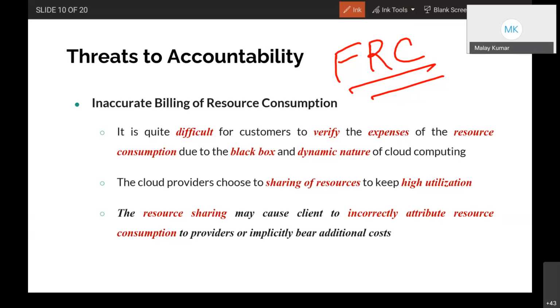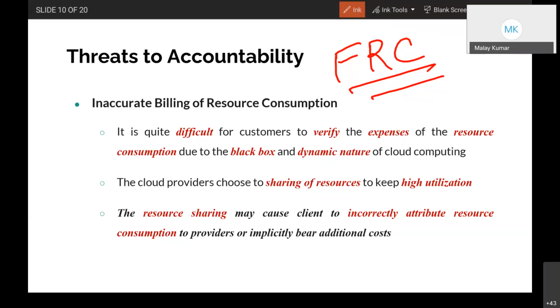But if you are using some high-end virtual machine apart from the free usage, they will charge a certain amount of dollars or cents on a per hour or per minute basis.